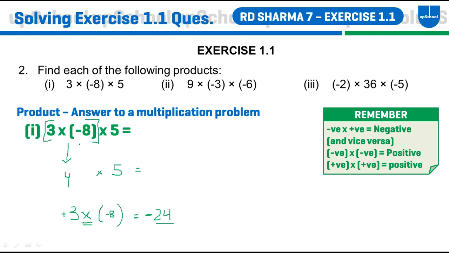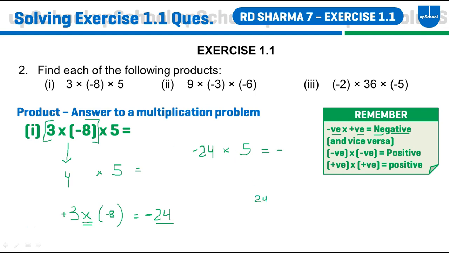So our plan was to do the answer to this times 5. So now let's do negative 24 times 5. We're basically multiplying a negative integer by a positive integer, and as we know, the answer is going to be negative. So now let's do 24 times 5.